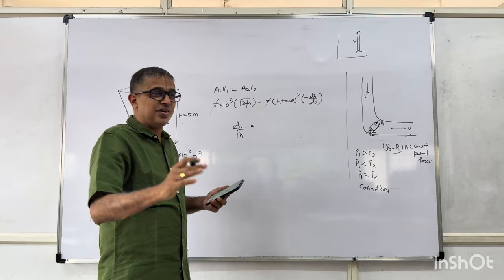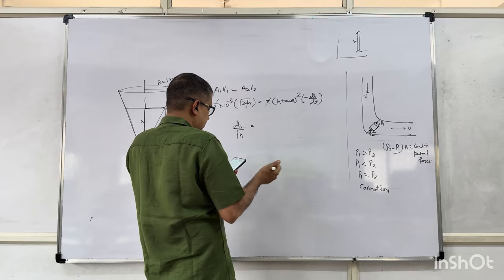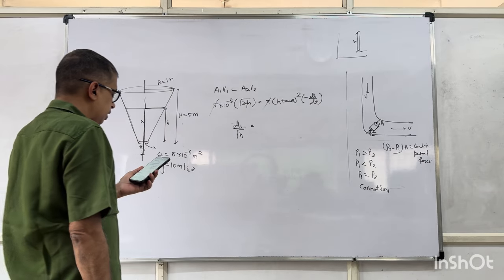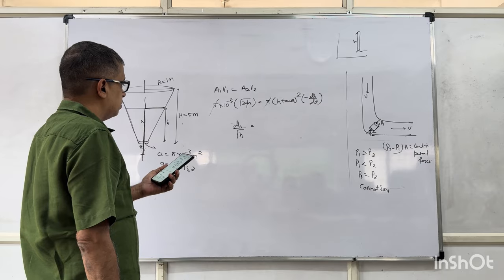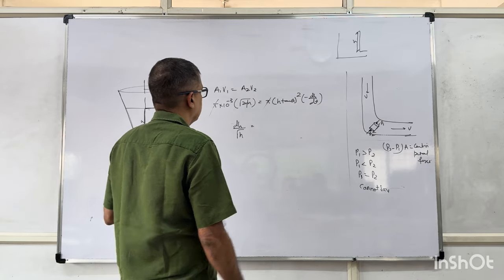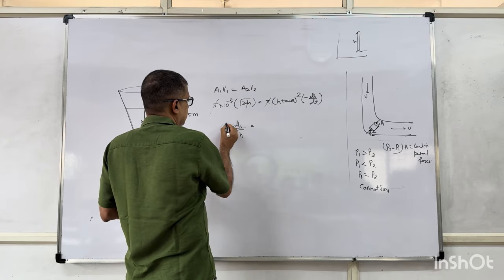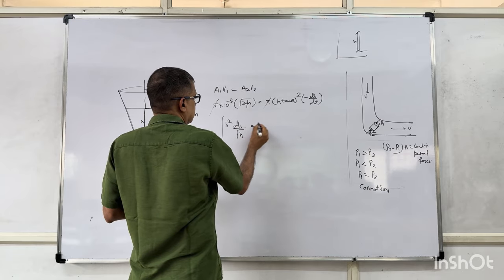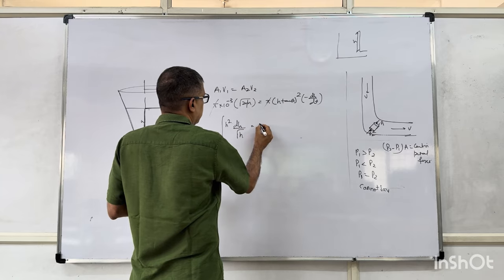It took you so much of a time to learn that. dh by root h. No, there is a h square here which I am forgetting. I'll have h square here. H square dh by root h.